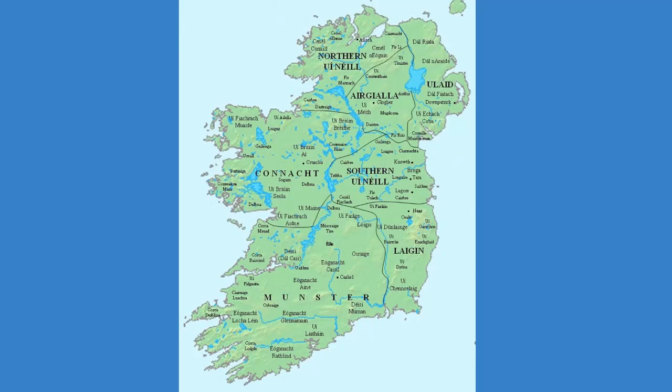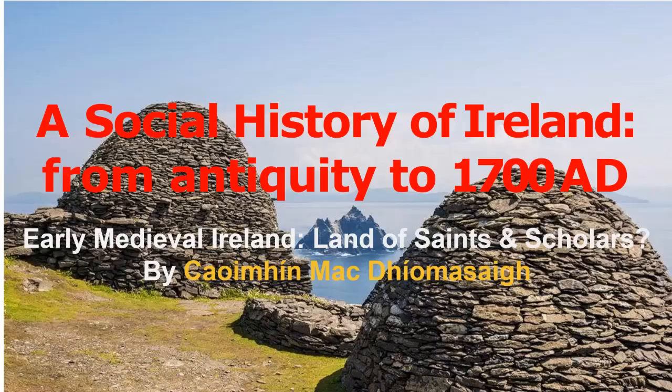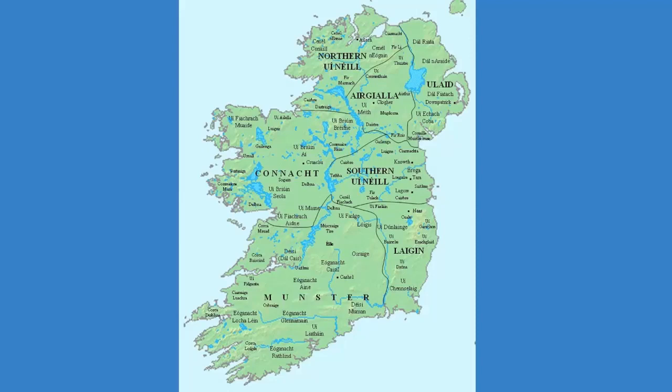It's quite a famous site. It was a hermitage used by early Irish monks, and those are the beehive huts in which they lived. And as you can see, very bleak, but spectacular scenery in which it was set. Okay, move on to the map, please.